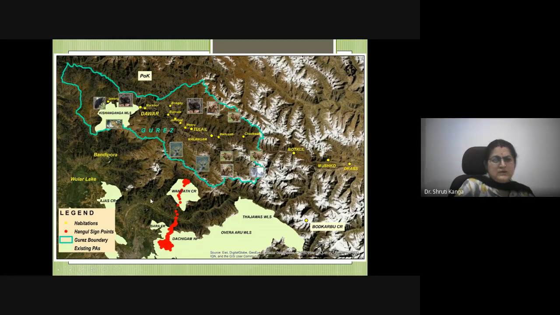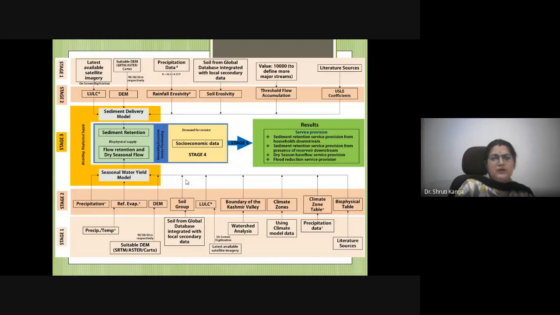These are the different habitations which exist in the park, and these are the hangul sign points. So we have to protect these areas from different kinds of human and wildlife conflicts.